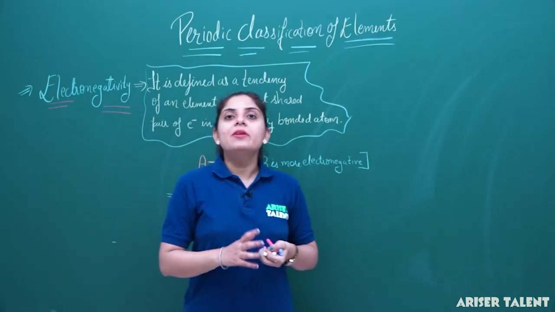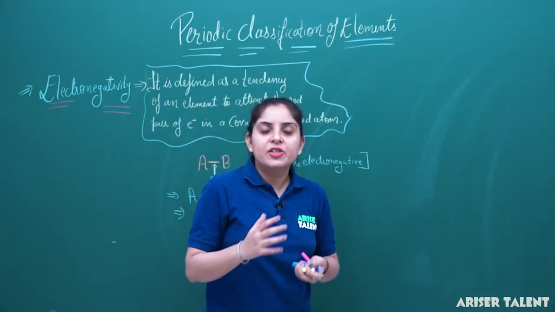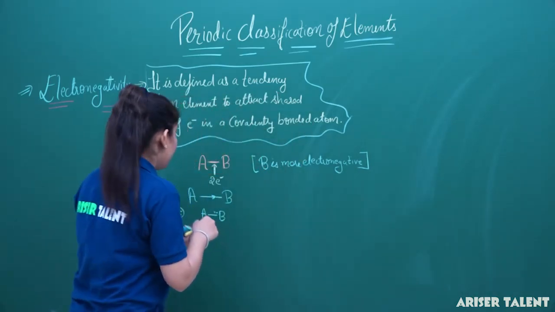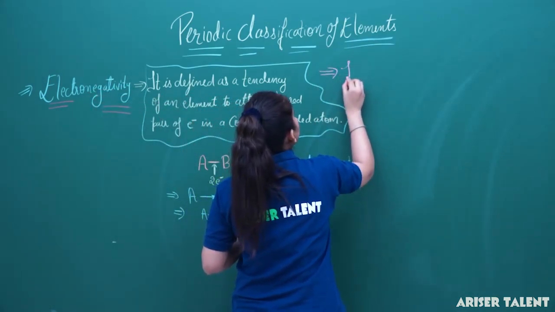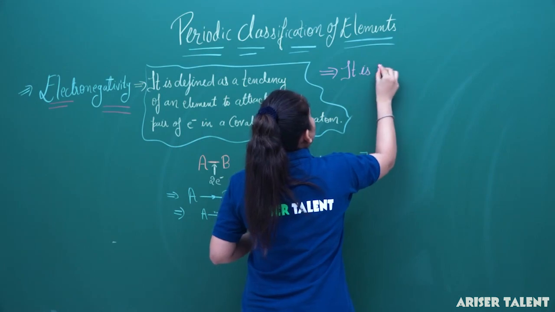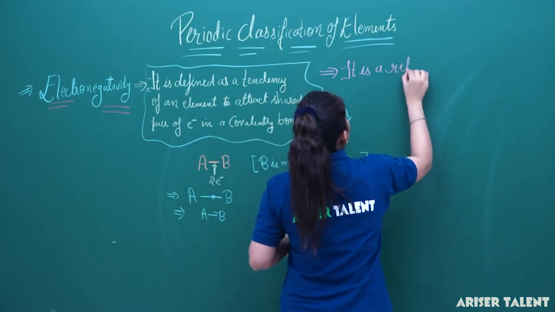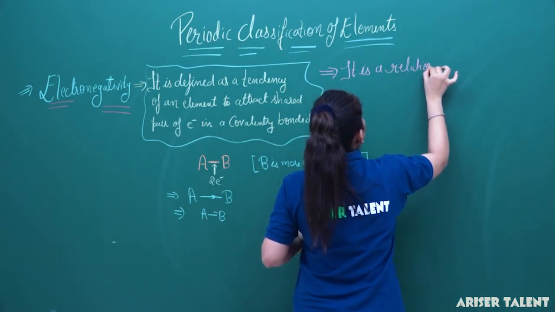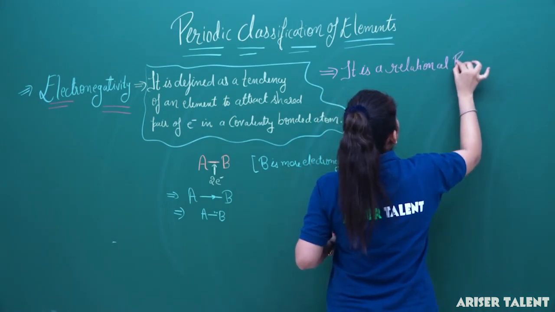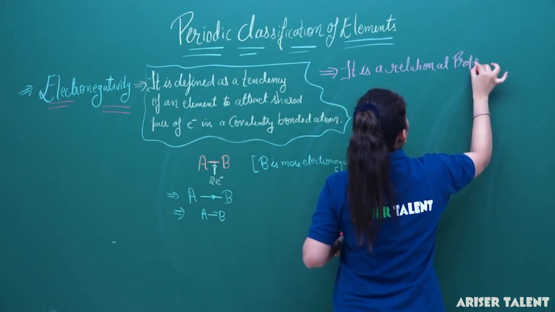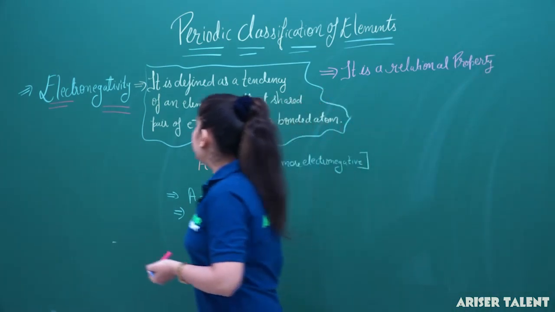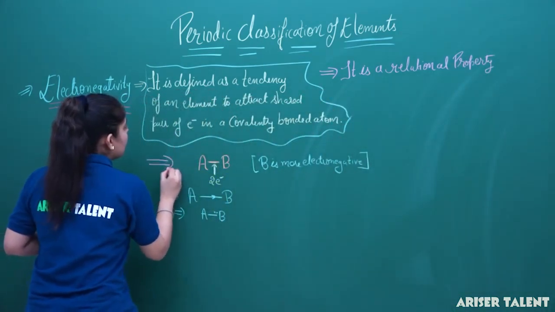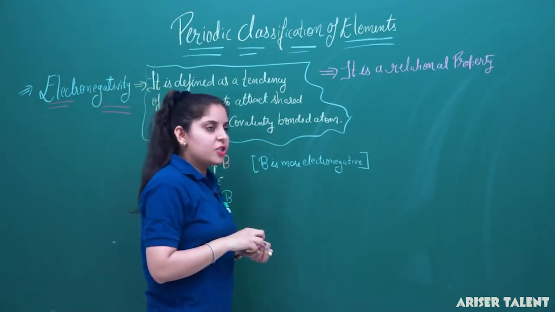Electronegativity is actually a relational property. We can write another statement for this: it is a relational property. Now what does this statement specify?